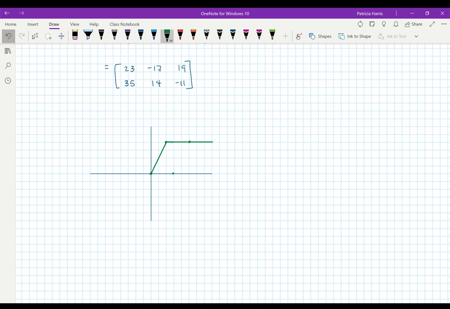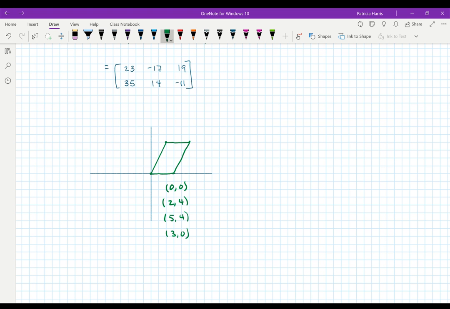Oops, that's a little too long. So the coordinates of my parallelogram are 0, 0, 2, 4, 5, 4, and then 3, 0.